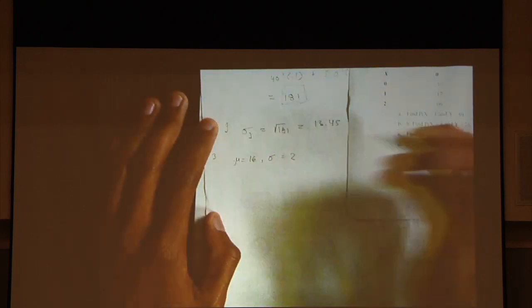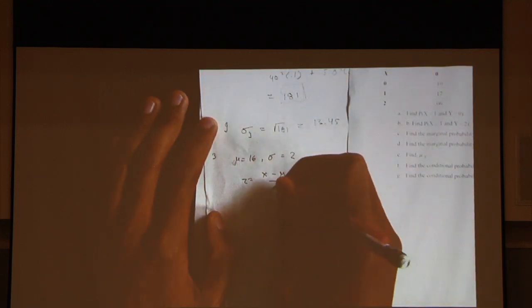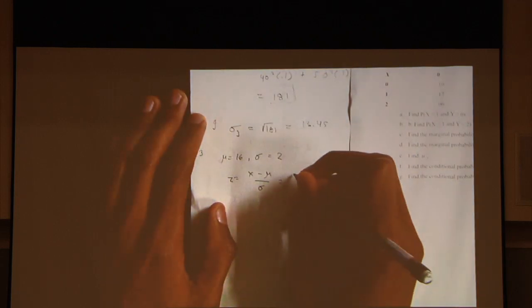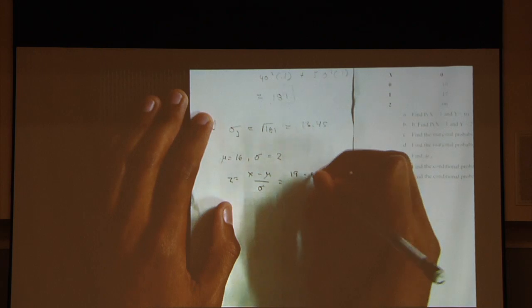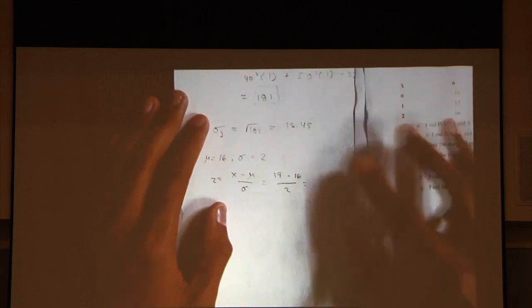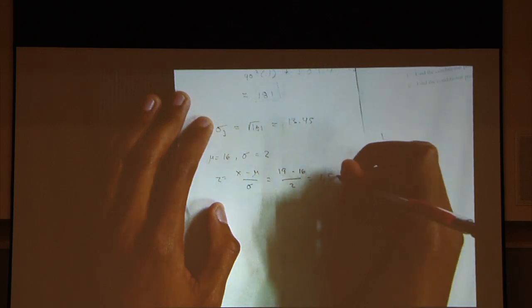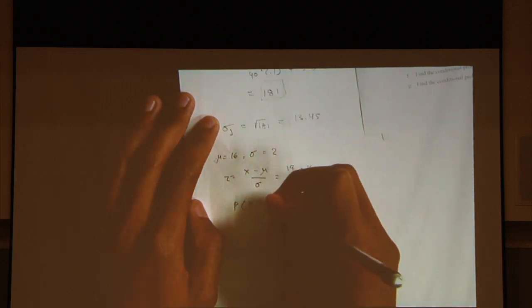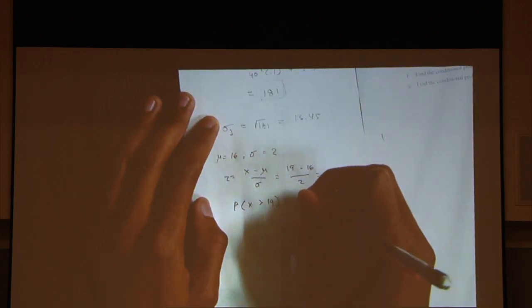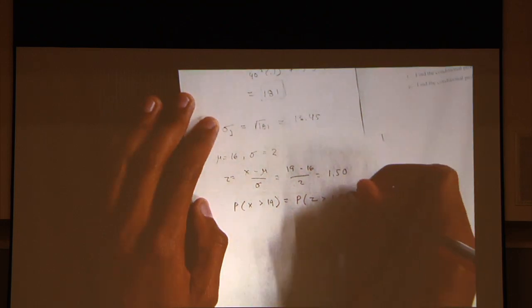For 19 hours, it's x minus mu over sigma, right? We want to inspect 19 hours. What's the probability that it'll last longer than that? This ends up being 1.5. So the probability of x being greater than 19 is the same as the probability of z being greater than 1.5, right?